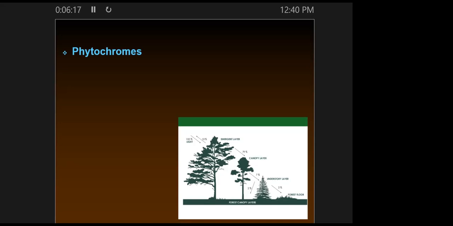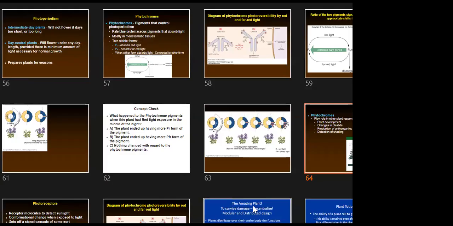On the other hand, it may be like, ooh, I've got to direct energy to growth. I need more sunlight. And so these ratios of PR to PFR are very, very important for the plant to figure out, am I in light or am I in shade? And then they might need to respond by growing if they're shaded out. It's like, well, I need to grow in order to get access to light. So plants can do that.